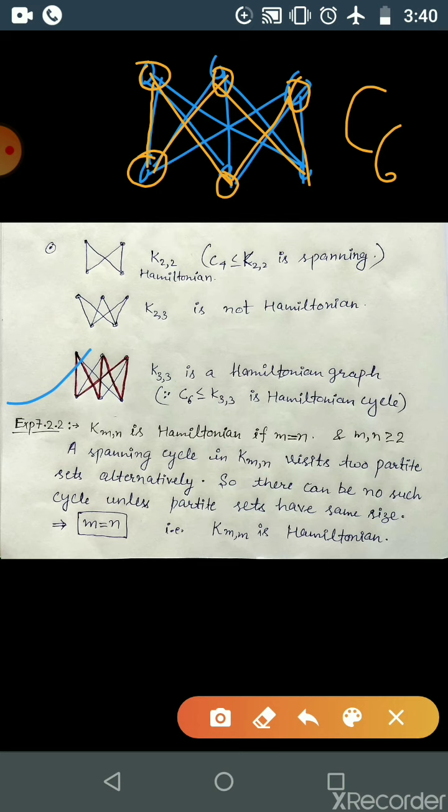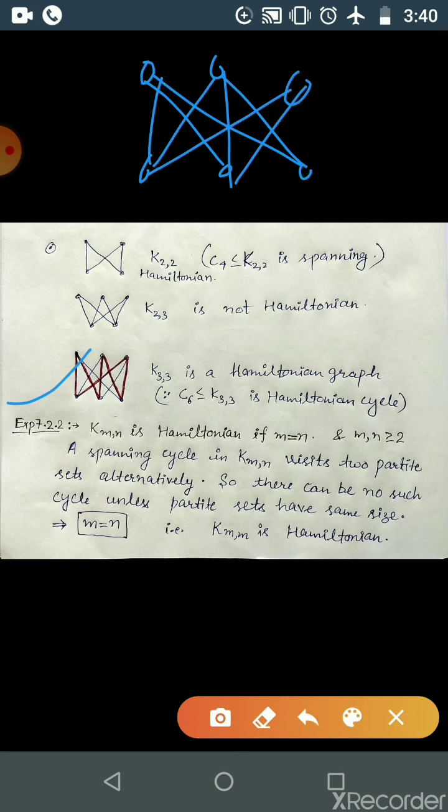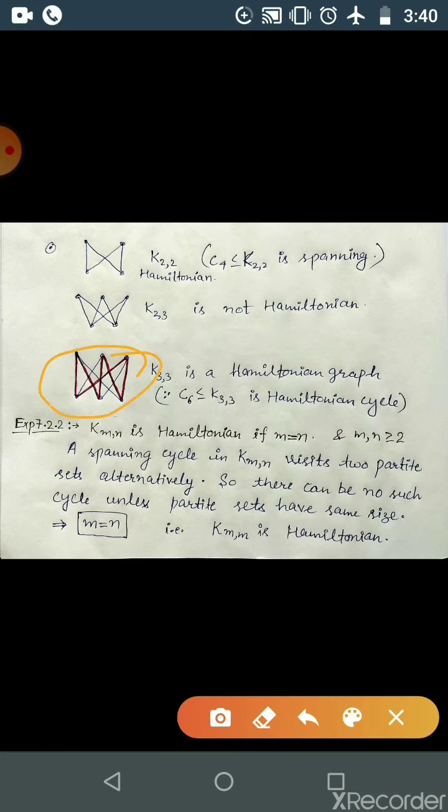So C6 is present here, that's why it is a Hamiltonian graph. So K33 is also a Hamiltonian graph, correct? K22 was a Hamiltonian graph, K33 is a Hamiltonian graph. You may have some different C6 present in this one. Like I have drawn here.